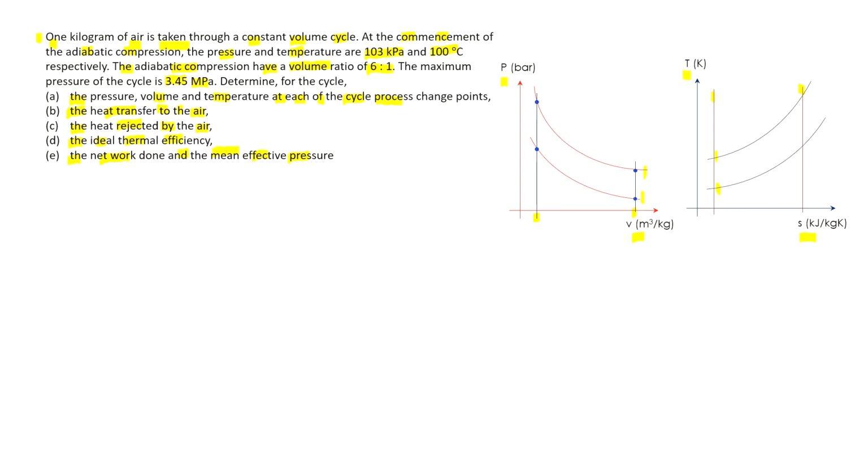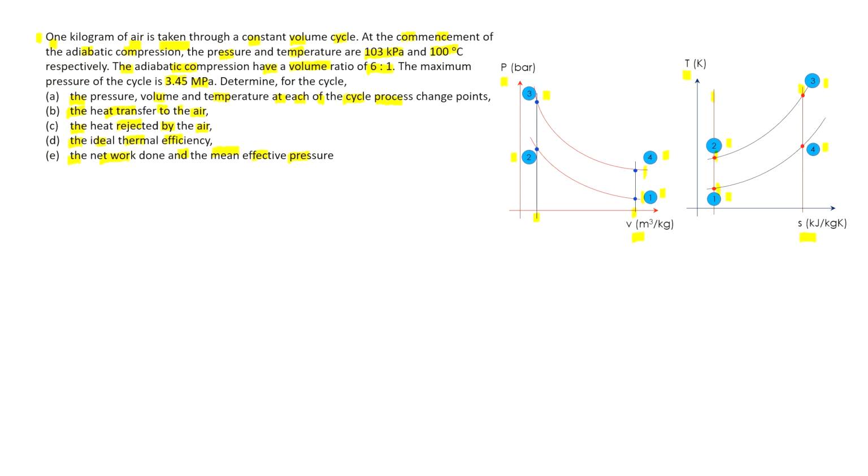Then you need to put in all the points for the PV and the TS. So you can put in your point 1, 2, 3, and 4 on your PV diagram. Then on the TS diagram, point 1, point 2, point 3, point 4.